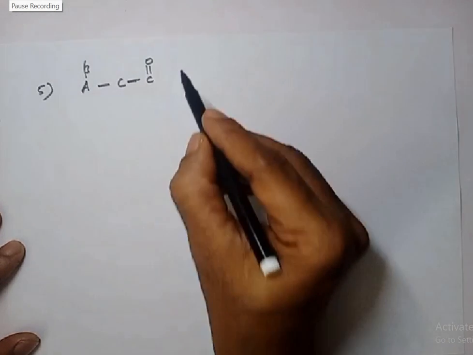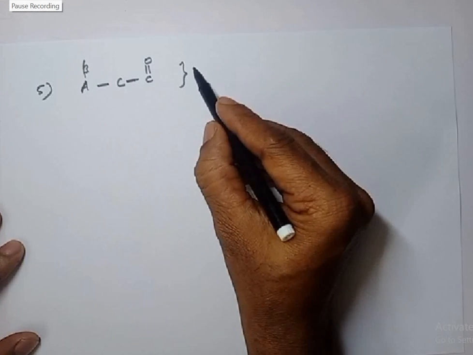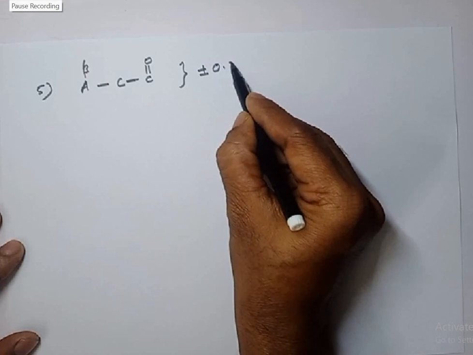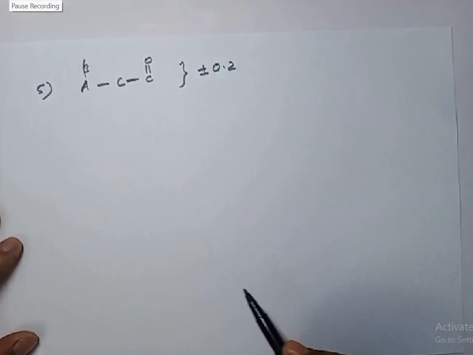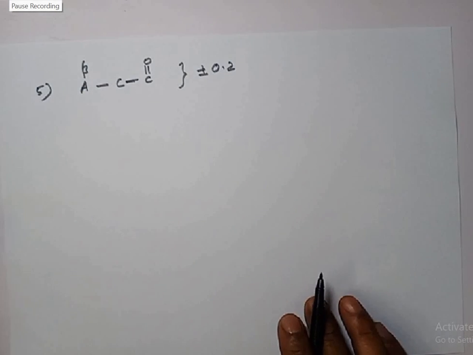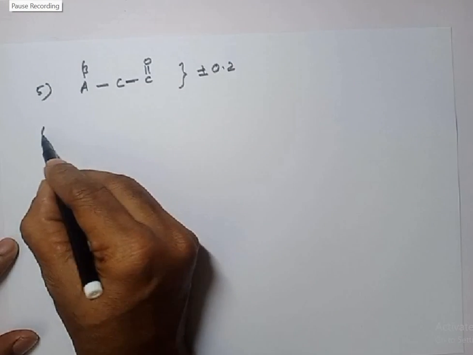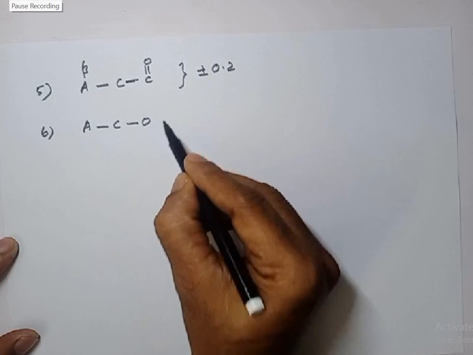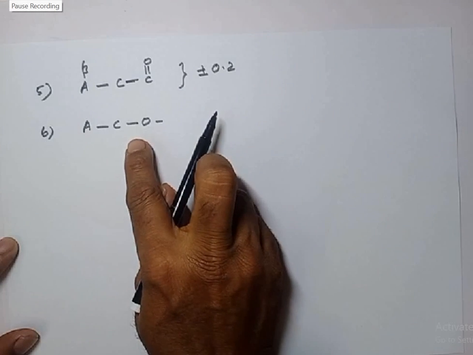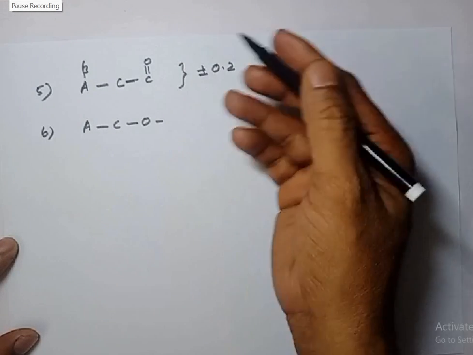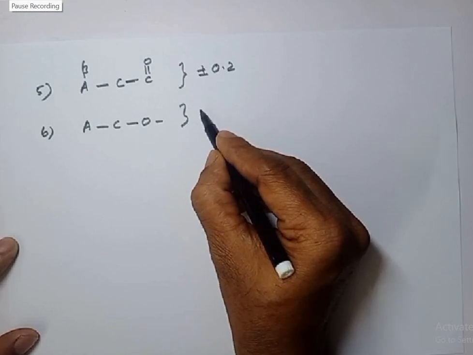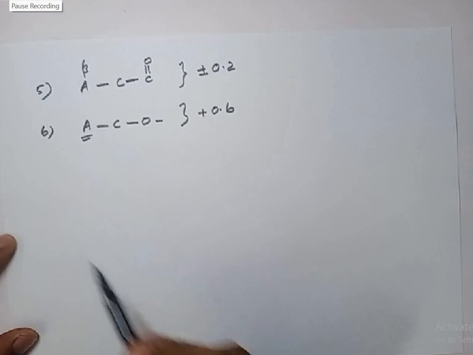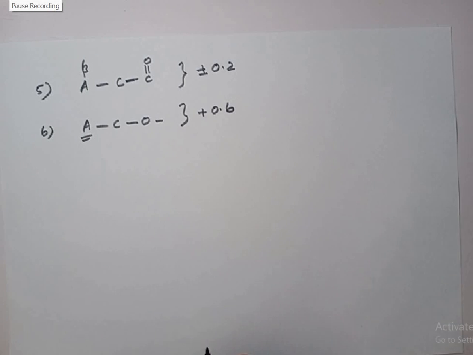If so, to the chemical shift you should add plus or minus 0.2, usually plus 0.2. Then, if A is connected to a carbon that is connected to an oxygen, which may be an ester or maybe an ether, in that case we should add a value of 0.6 to the chemical shift of that A value.